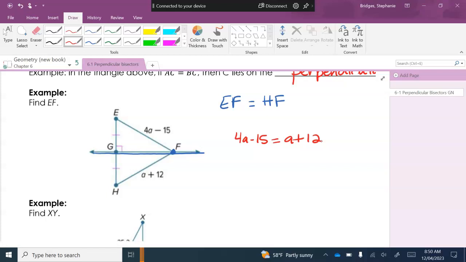So what we need to do is solve that equation for A. You need to pick your head up. You need to get a pencil and you need to take notes. So we should solve this equation for A so that we can go back in and find out what EF is.